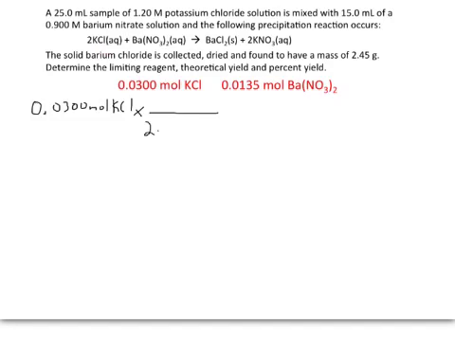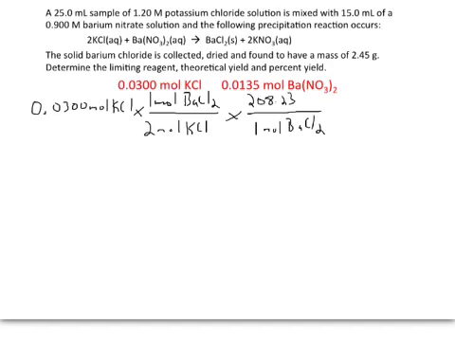So I have 2 moles KCl, 1 mole of barium chloride. Then I'll hit this with the molar mass. From the previous slide, we know that 1 mole of barium chloride has a molar mass of 208.23 grams. And so when I multiply all that out from the KCl, the most barium chloride that I can make is 3.12 grams.